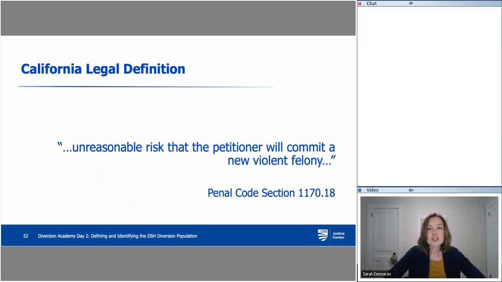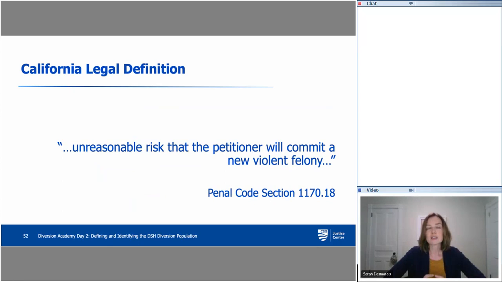The first thing that I always do when I'm working with different communities or jurisdictions is to look at what the definition is. In California, this idea of unreasonable danger to public safety is defined as an unreasonable risk that the individual will commit a new violent felony. I think we need to anchor ourselves back in this legal definition and in the criteria so that we're not allowing ourselves to stray or drift into our own or even our community's definition of the term danger or the term unreasonable.